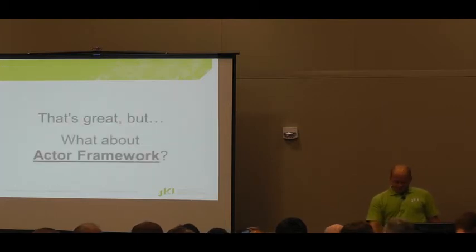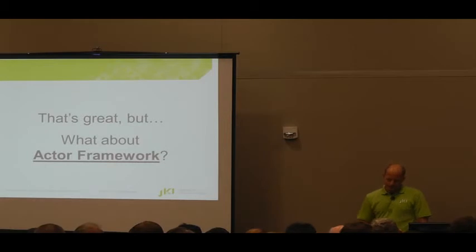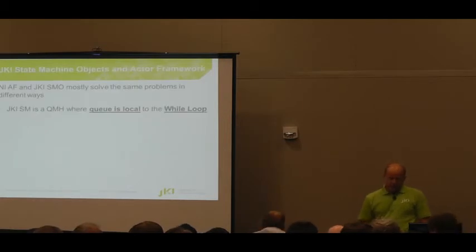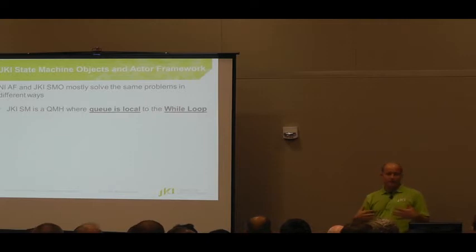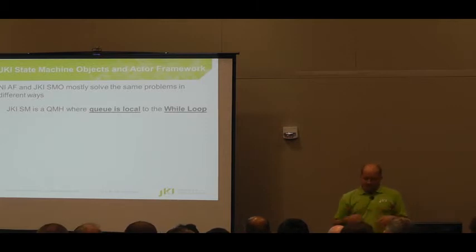That's great. But what about active frameworks? This is a question that we get a lot. I think it's helpful to first say that there's really no better or worse globally. It depends on what your needs are. I mentioned before JKI's needs in terms of being accessible and useful for new developers who need to be able to jump in and poke around and see how everything works.